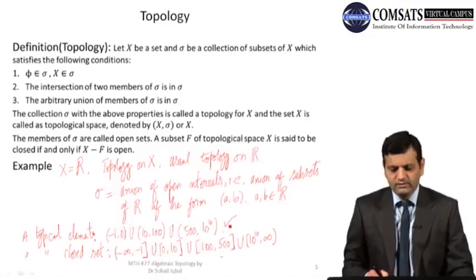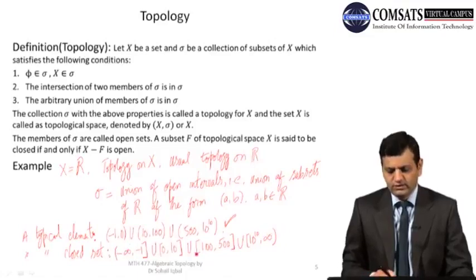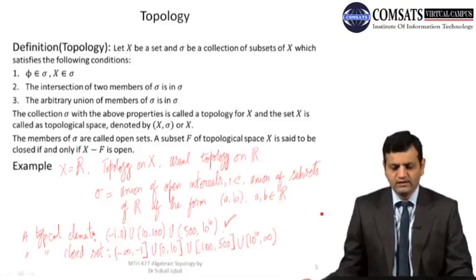So this is the complement of the above set, and this is a closed set. Of course, when it involves infinity, we can't close that side, so it's a union of these closed intervals. Similarly we can find other closed sets as well. So this is an important example of a topological space on the real line.